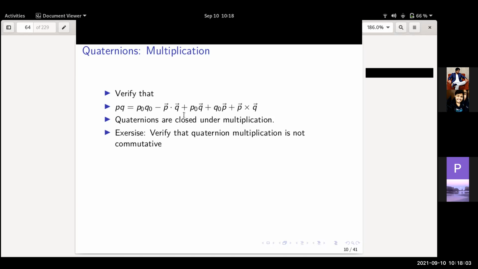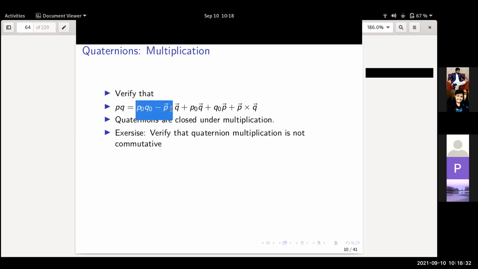So where does the non-commutativity property come from in this expression? Can you tell? The cross product. The cross product is not commutative. Even if you replace p and q by each other, what you obtain is q cross p, but that is not the same as p cross q.